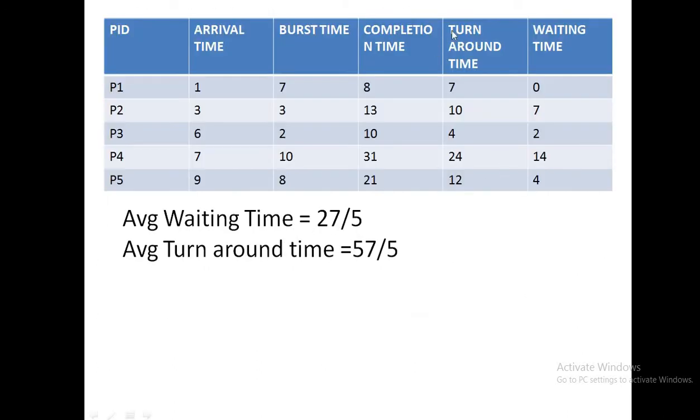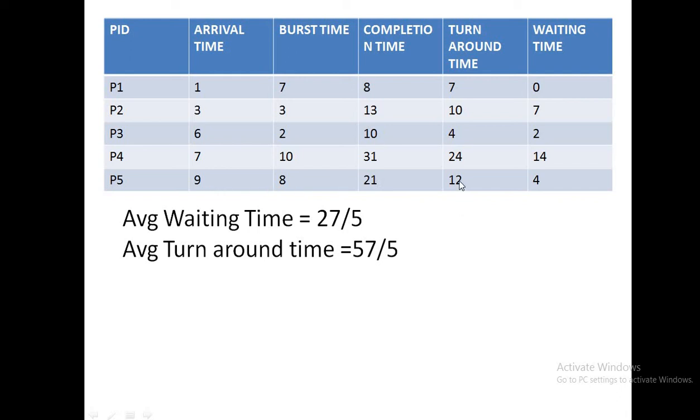For process P1, the turnaround time is 8 minus 1, that is 7. Process P2, 13 minus 3, that is 10. Process P3, 10 minus 6, that is 4. Process P4, 31 minus 7, that is 24. And process P5, 21 minus 9, that is 12.